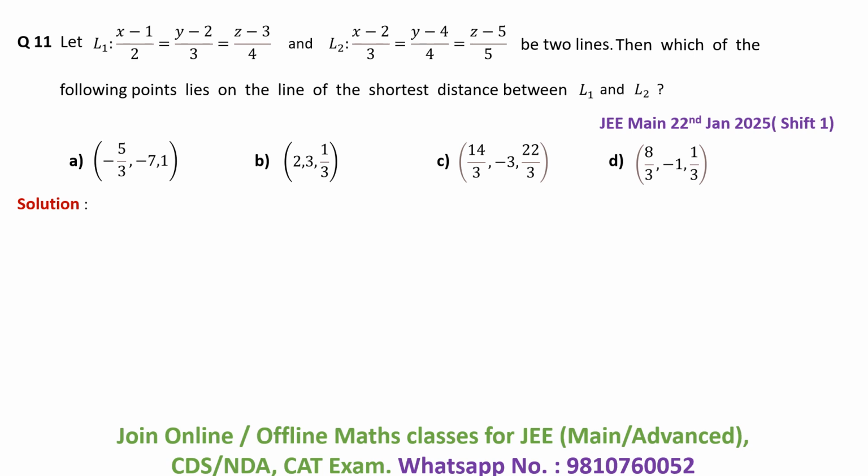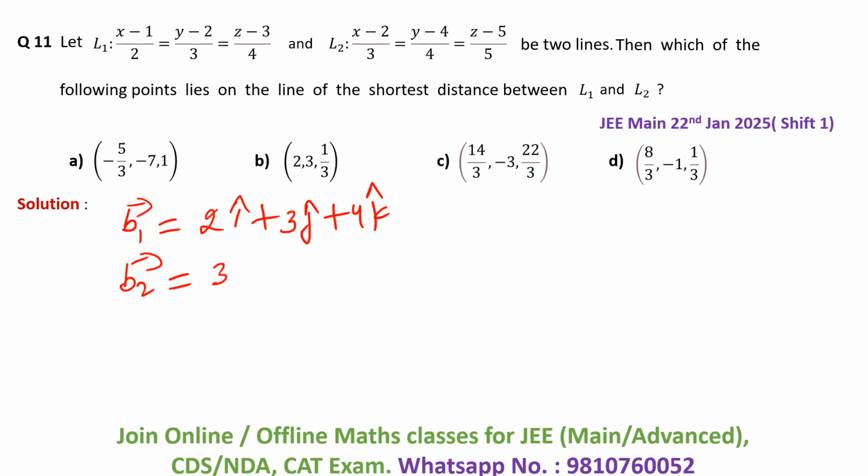So that means if I write the vector which is parallel to the first line, it is going to be b1 = 2i + 3j + 4k, and then I write the vector which is parallel to the second line, which is b2 = 3i + 4j + 5k, then I can say that the direction ratios of the line of the shortest distance can be obtained from the vector d, which will be perpendicular to both b1 and b2, right?